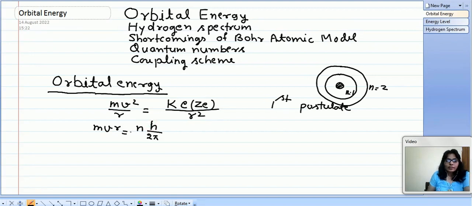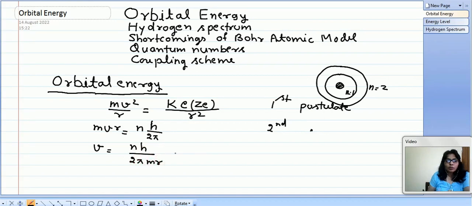This is Bohr's second postulate, and from here we can write the value of v. So v is equal to n h upon 2 pi m r.